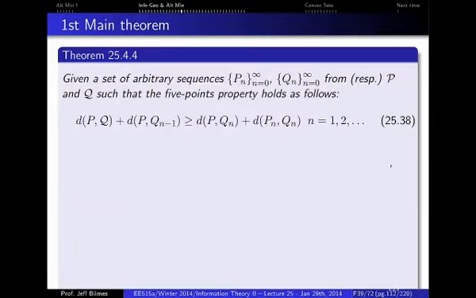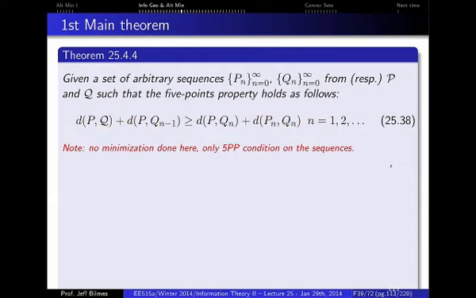Okay, next theorem. In fact, this is the first main theorem. So if we've got a set of arbitrary sequences Pn and Qn, for n going from 0 to infinity, that each come from script P or script Q, such that this five points property holds. So we're starting at P and Q, and essentially we express the five points in this particular way.